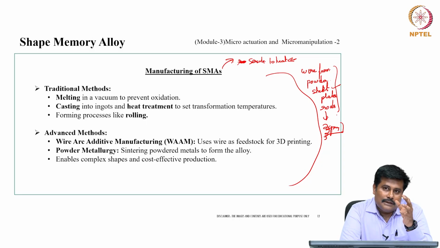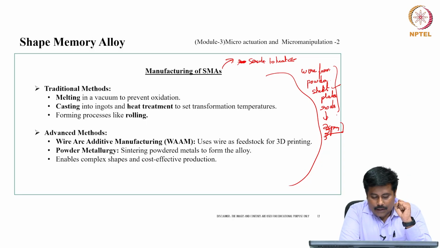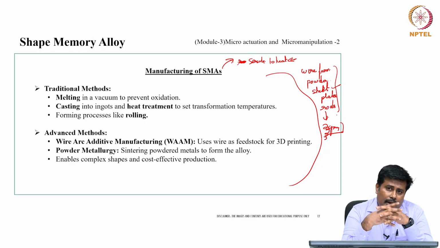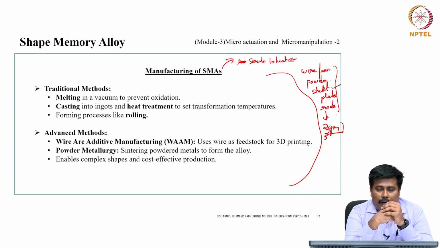Forming of shape memory alloys is a challenging task, so forming processes like rolling can be employed. However, recently there is a wide variety of research focusing upon taking up the additive manufacturing route as a promising route for shape memory alloy fabrication.